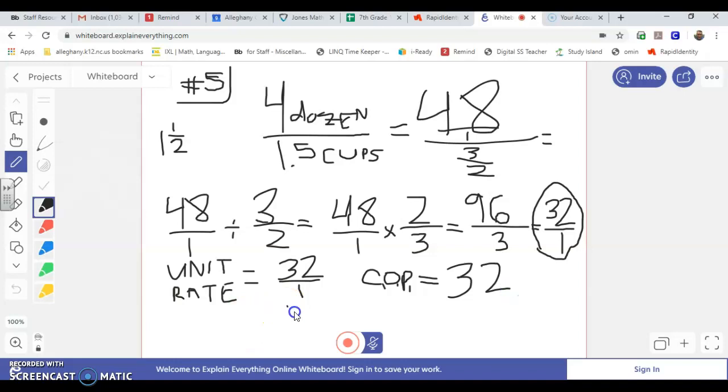And our formula or equation is y equals x times your COP, 32. Alright, so we got 3 of the things that we needed. We still got to fill in our chart, but we can do that now that we know what our unit rate is. I think we're going to have to do one more conversion though.